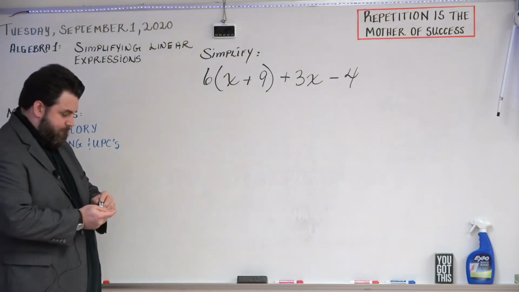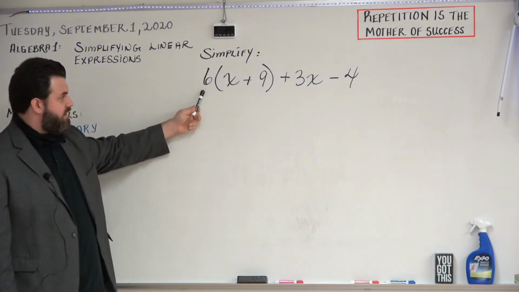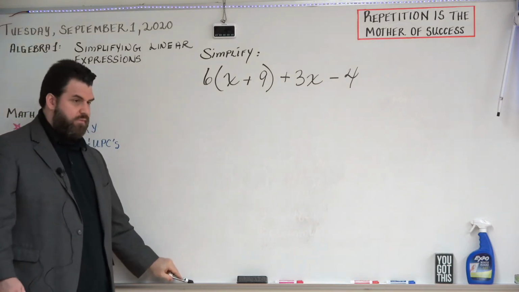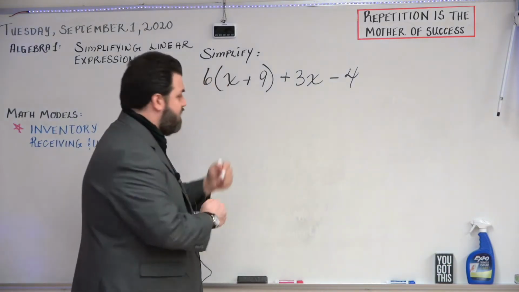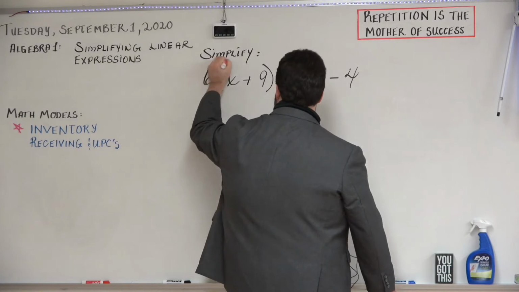So I spy a number sitting by itself to the left of an open parentheses. Immediately, I'm thinking of a certain property that starts with a D. The distributive property. So I like to make what I call distribution lines. This helps a lot of students.